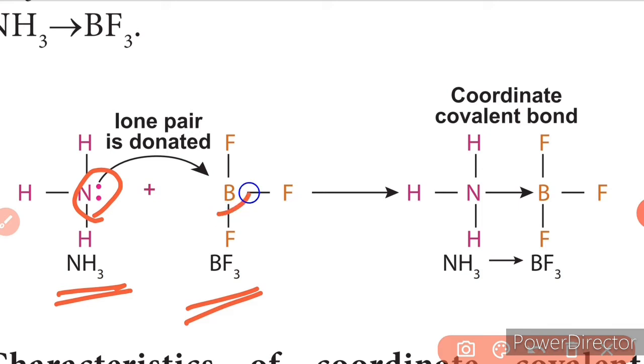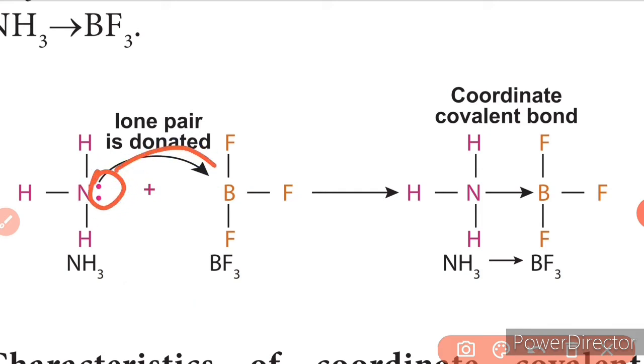And the boron in BF3 is electron deficient. It needs electrons. They are given by nitrogen in ammonia to boron, which is electron deficient, right? Now here the ammonia becomes the donor molecule because it donates a lone pair of electrons, and BF3 becomes the acceptor molecule.